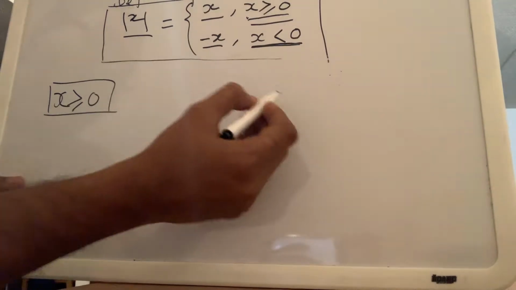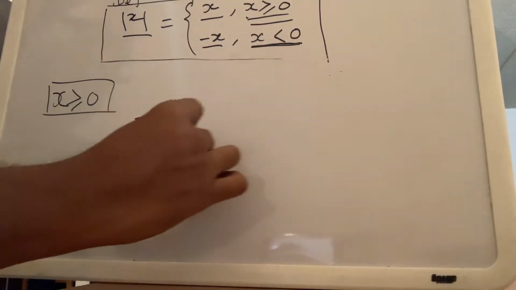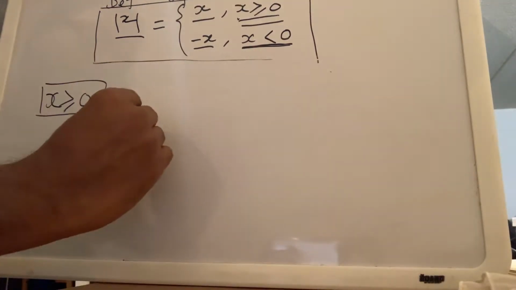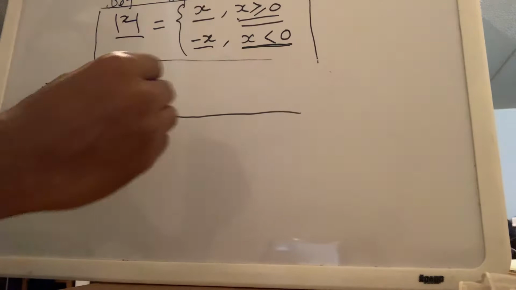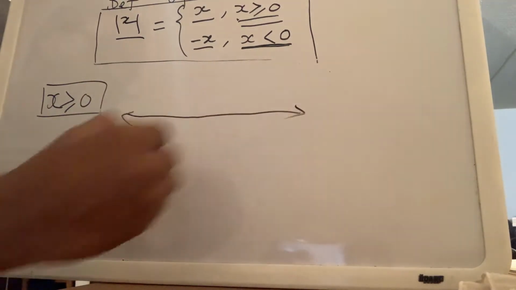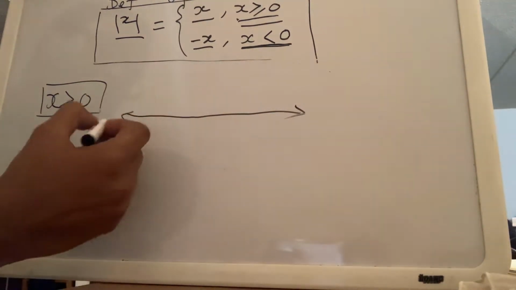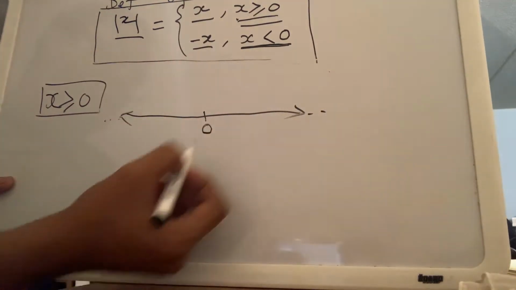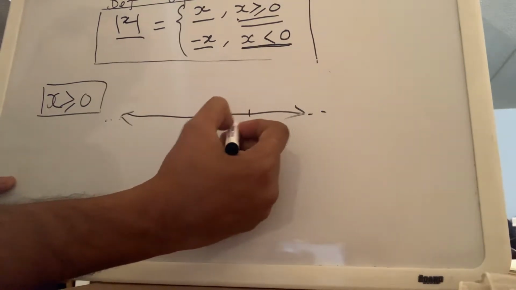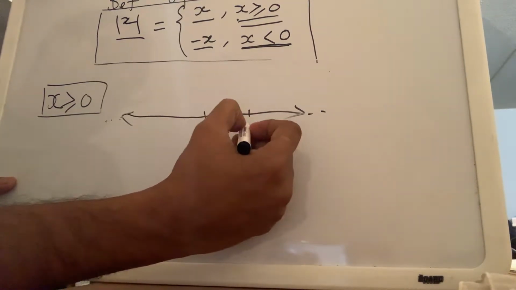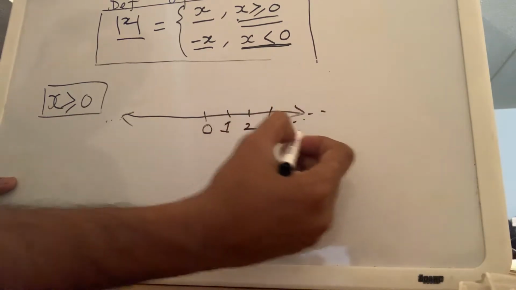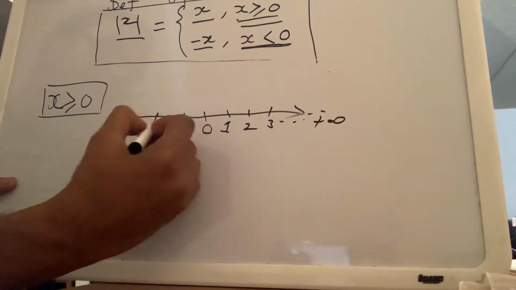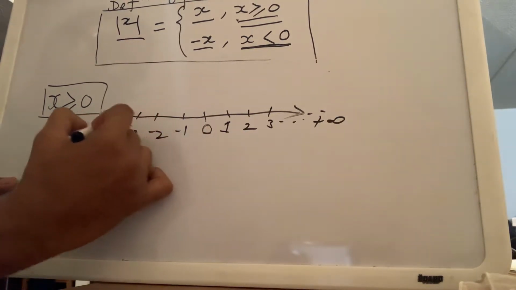Let's say we draw an imaginary line like this and put two arrows at both of its ends, so that this is a continued line, and we mark 0 somewhere here, and we mark equidistant portions of a unit distance, so 1, 2, 3, and until plus infinity, and -1, -2, -3 until minus infinity.